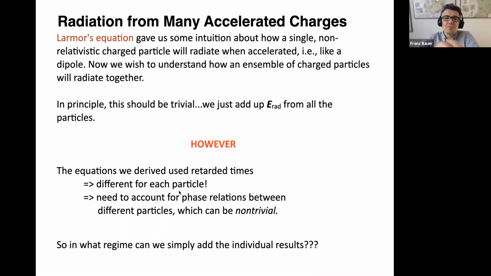I'll give you a few examples in a second. The other thing we have to do is account for the phase relations between the different particles, which can be particularly non-trivial when adding these all up. So what we want to do is find regimes where we can simplify this and simply add the contributions from each particle up.